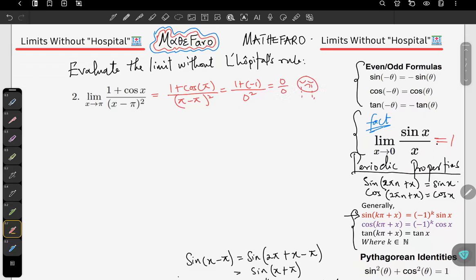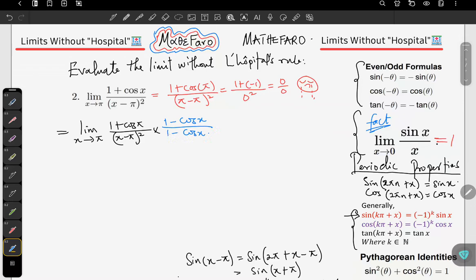So one of the tricks in our bag is to multiply by the conjugate of the trigonometric identity. Therefore this is equal to the limit as x approaches pi of (1 plus cos x) over (x minus pi) squared. We multiply both the numerator and denominator by (1 minus cosine of x) over (1 minus cosine of x).